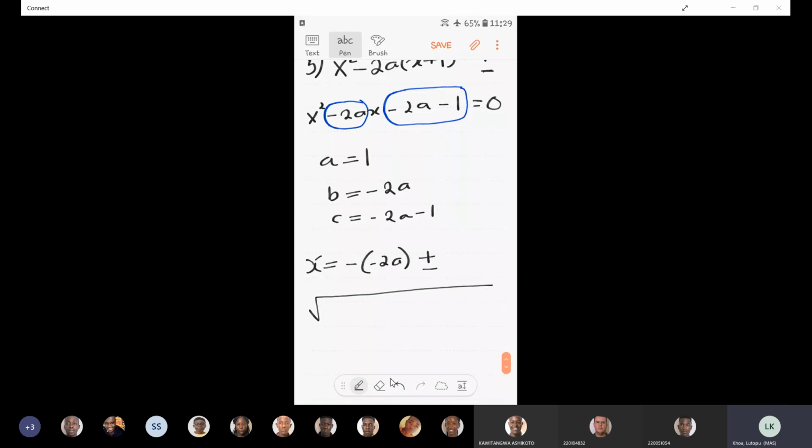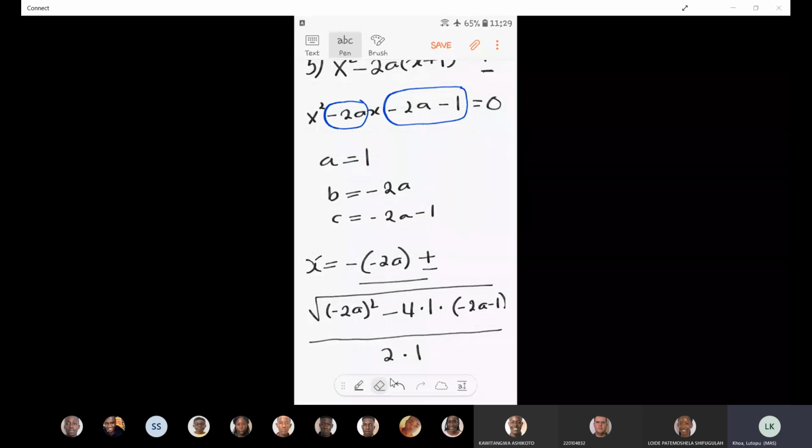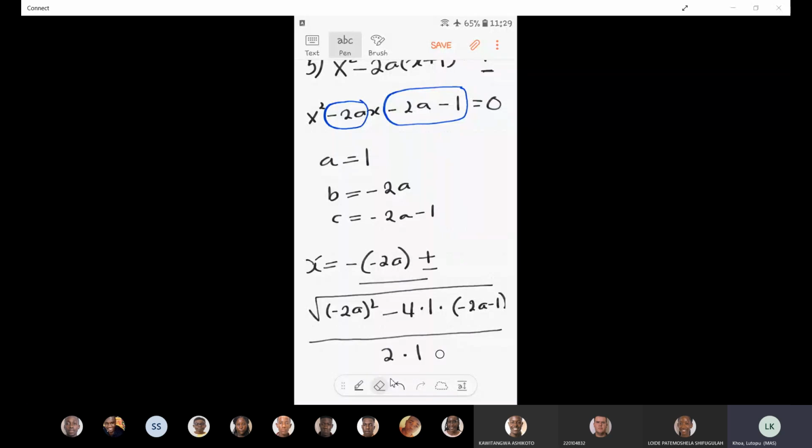And then I have b squared, which is minus 2a squared minus 4 times a, which is 1, and then times c, which is negative 2a minus 1. And remember, this is all under 2 times a, like that. So this square root that I have over here should be there in its usual place. And then this 2 times 1, that is the usual denominator.